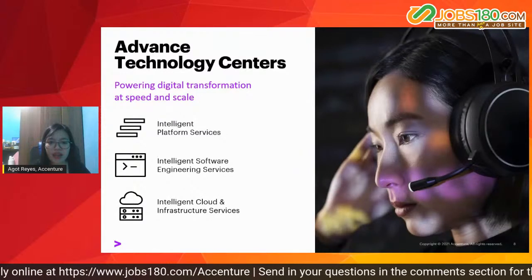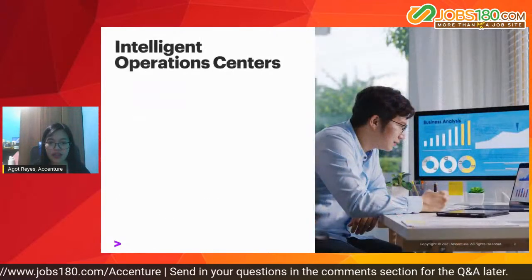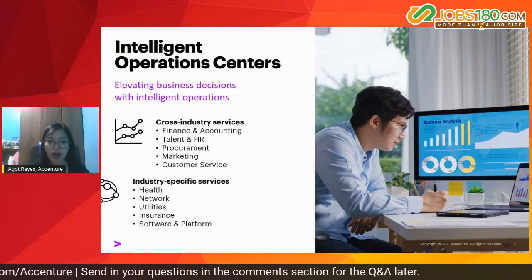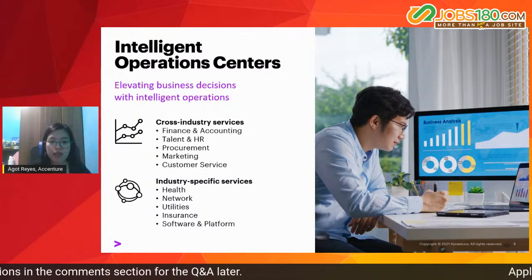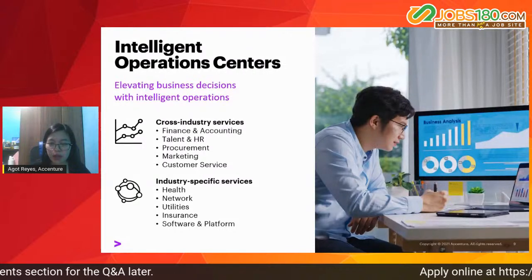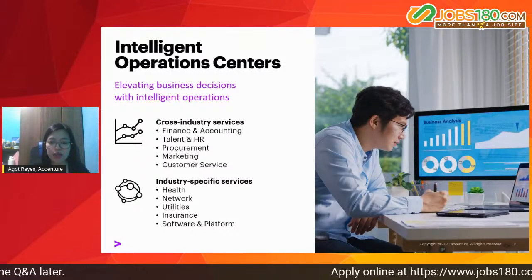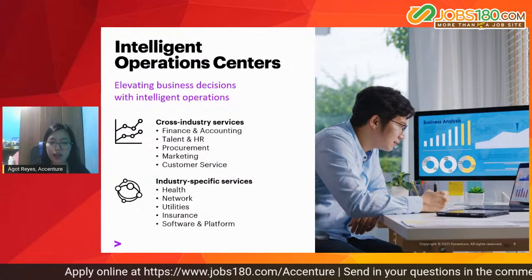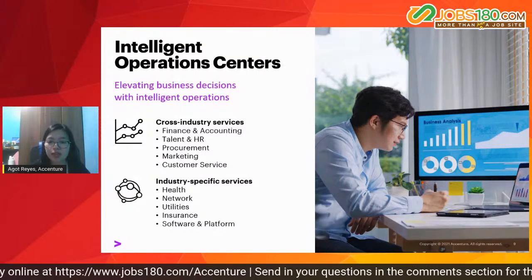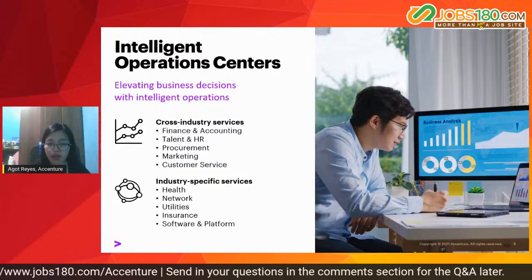On the next slide, you'll see the list of our capabilities for IO, or Intelligent Operation Centers. For this one, we elevate business decisions with intelligent operations. Again, we're using our technology to help our clients elevate and leverage our current technologies to develop the business decisions and operations of our clients.